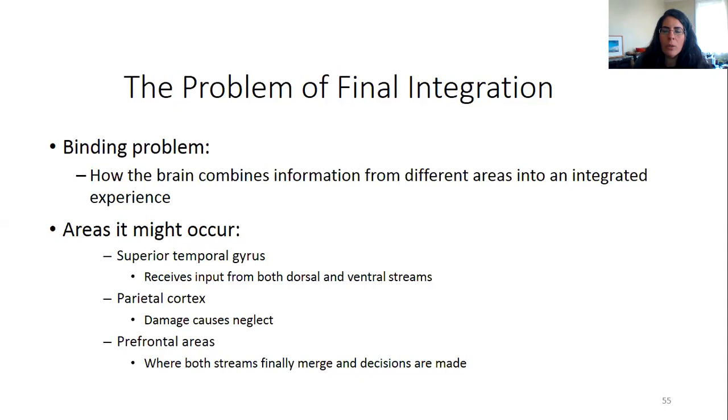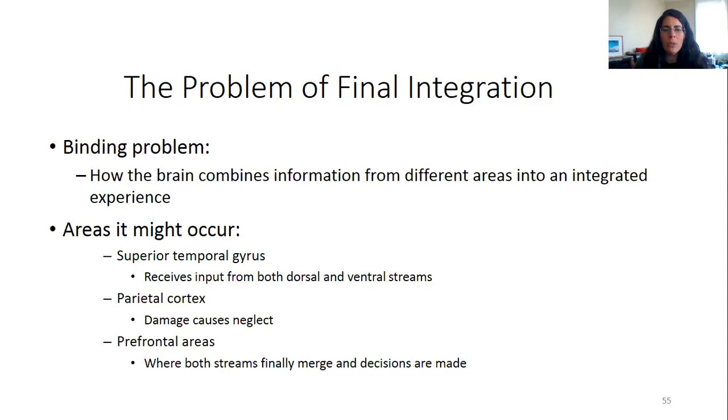So we're not quite sure how to solve the binding problem. It seems to be related to synchronicity of firing, similar patterns in these different areas. But it also might involve the superior temporal gyrus, which receives input from both of those streams, the dorsal and ventral.